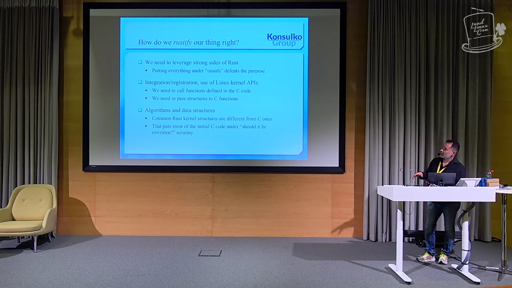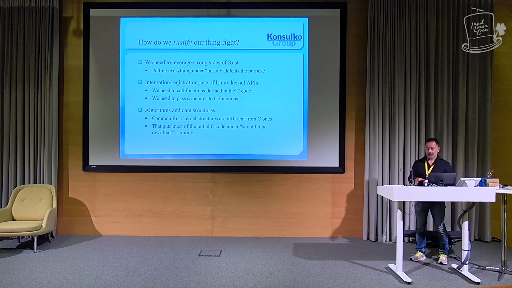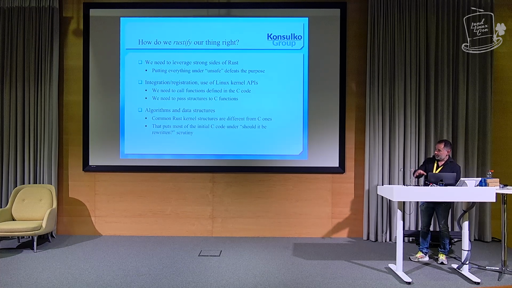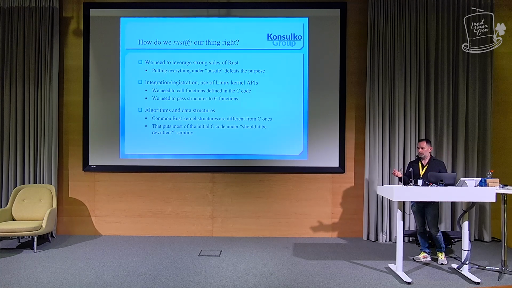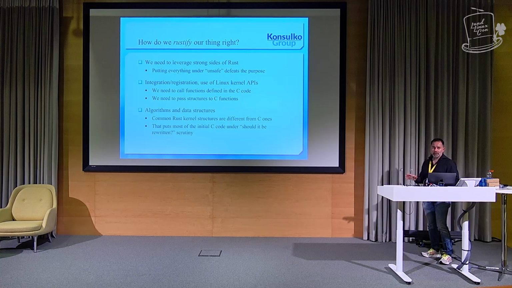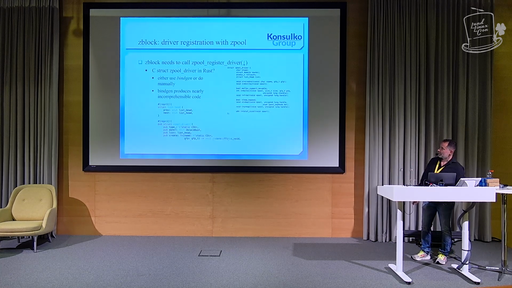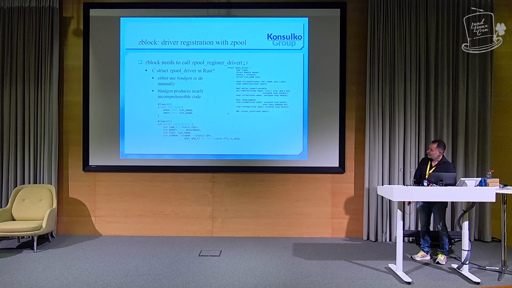And the other thing was the integration. If we are doing some core things in Rust, then we need to do the integration of these core things into the APIs that are written in C, and we need to call functions defined in C code, and we need to pass structures to C functions, and there are means in Rust to do that. We did it in a very straightforward way in the beginning.